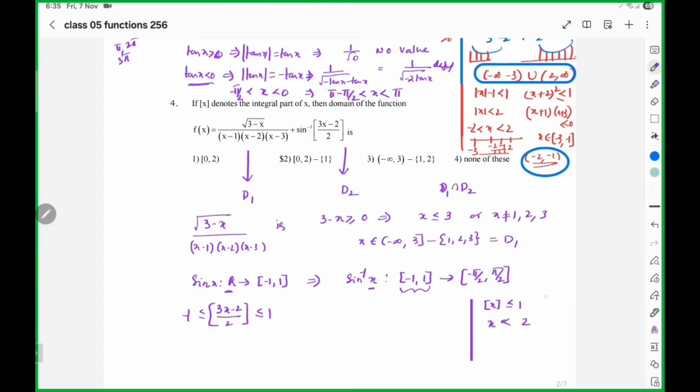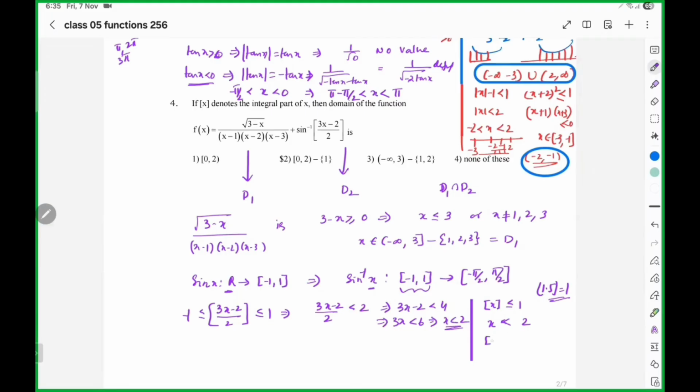You understood this, like even 1.5 you take, it will be 1. You cannot take 2, you can go up to 2. From that I can say 3x minus 2 will be less than 4, 3x is less than 6, x is less than 2.